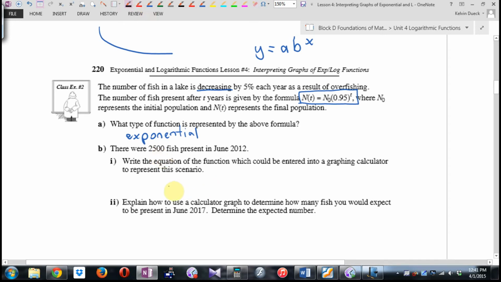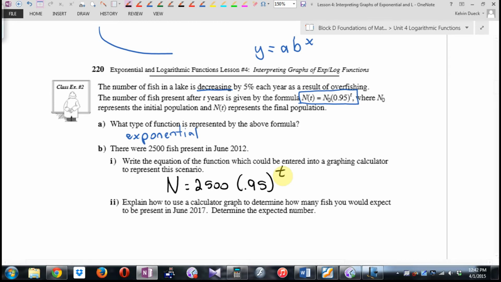So, as an equation, initial population, 0.95 to the T. Is that okay? Hey, by the way, where'd the 0.95 come from?